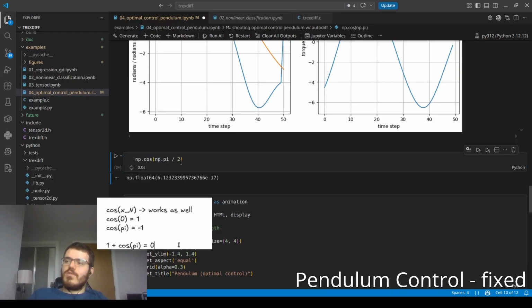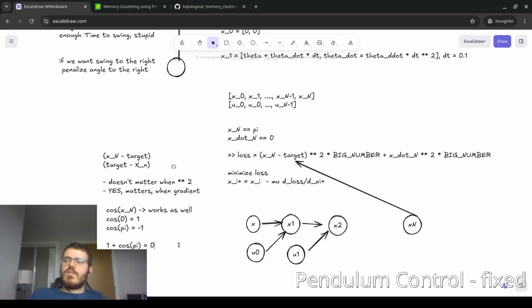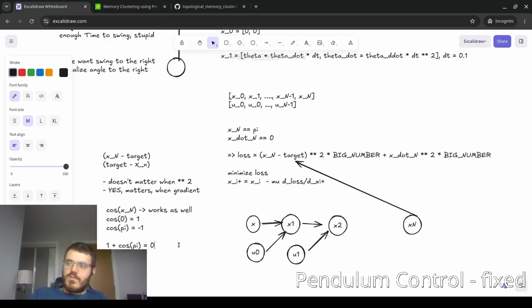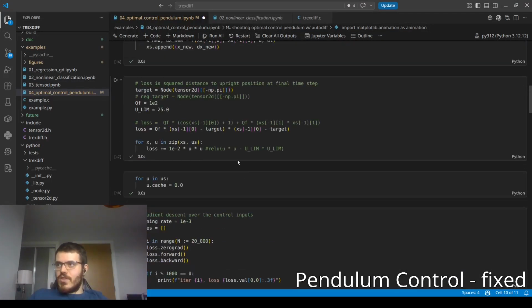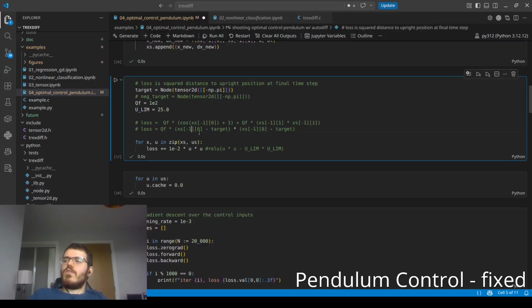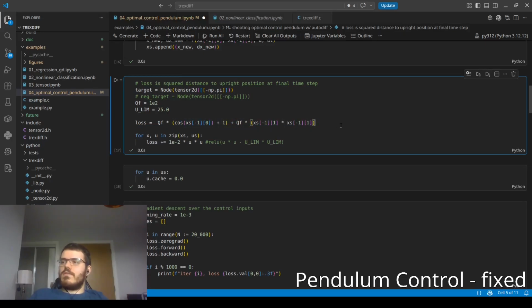Cosine of pi over 2 is 0. Cosine of pi is minus 1. So 1 plus cosine of pi should be 0, and we want our cost to be 0 there. So instead of any of this shenanigans, we say my cost is just the cosine plus 1. That.